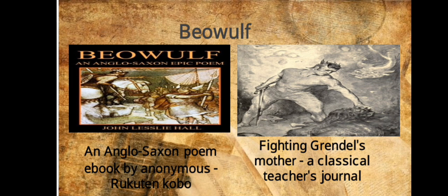First is the epic scale. Beowulf is a long and complex poem dealing with heroic deeds, battles, and supernatural elements. It's a classic example of an epic poem, which typically features a hero of great strength and courage who faces extraordinary challenges. Next is the cultural significance, the culture, values, and beliefs.